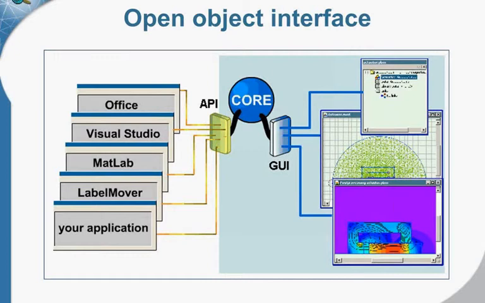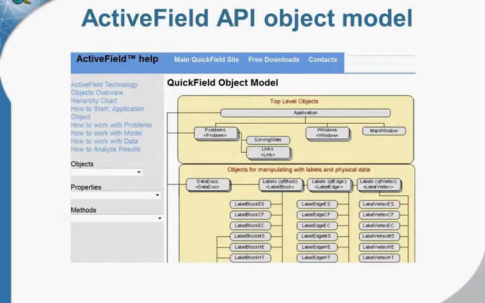As you see in this slide, ActiveField functions may be called from procedures written in Visual Basic, MATLAB, C++, and a variety of other modern programming systems. This slide shows ActiveField object model. Most of functions available from QuickField user interface are available also as a programming interface.